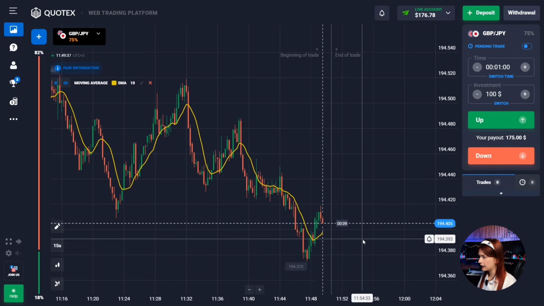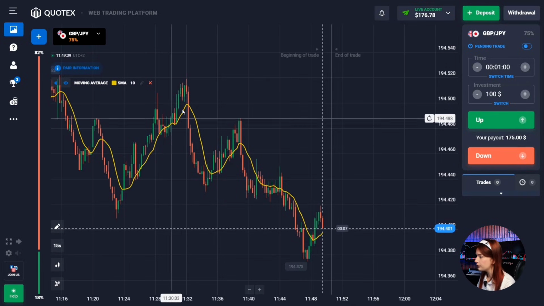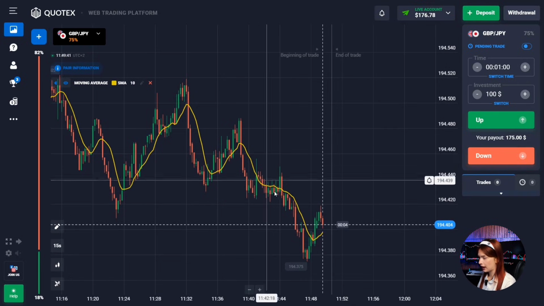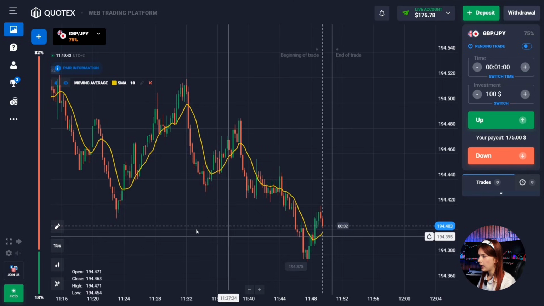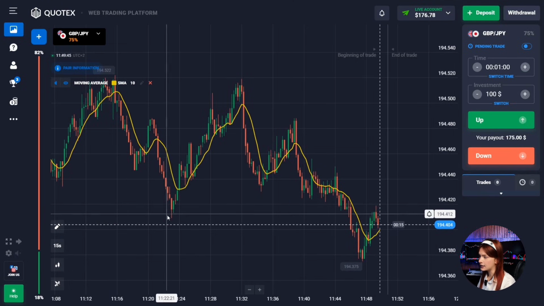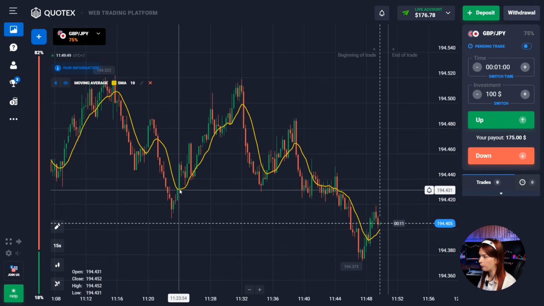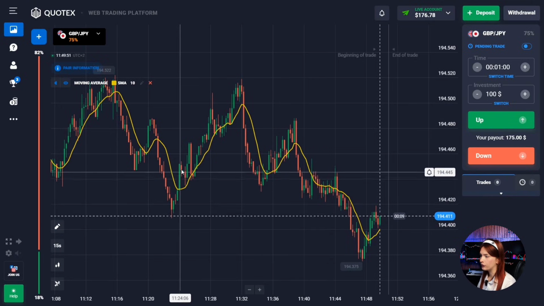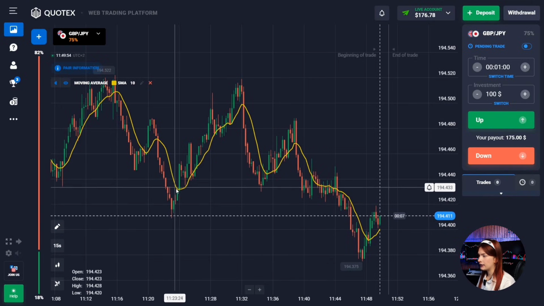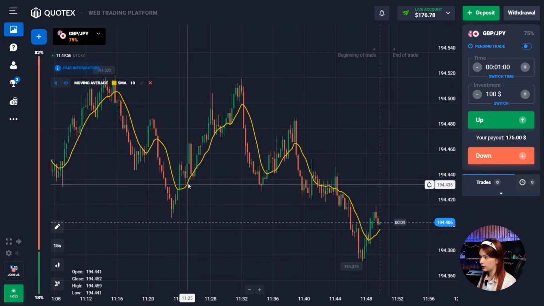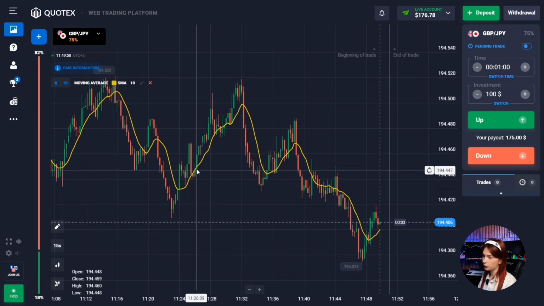I have it already connected and all the settings are left at default. Guys, it looks like a yellow moving average which is formed directly on the chart, and the signal of this indicator is the moment when, for example, the price crosses the moving average from bottom to top and keeps moving on. Also, at the same time, the moving average itself unfolds and begins to move after the price.